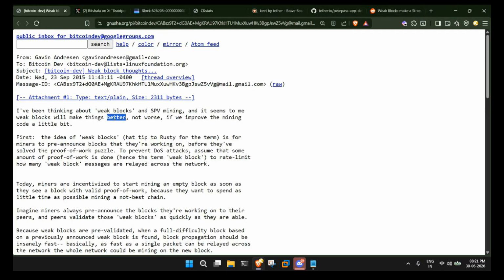Another problem was people were moving towards centralized mining pools because they were not getting rewards. As a solo miner, if you don't have enough hash rate, you have a very little chance to win the lottery.